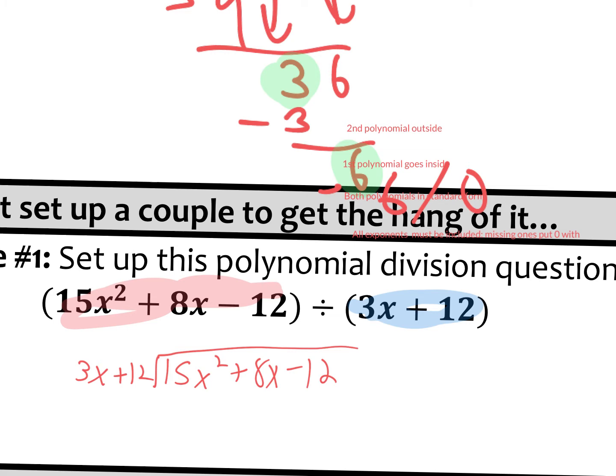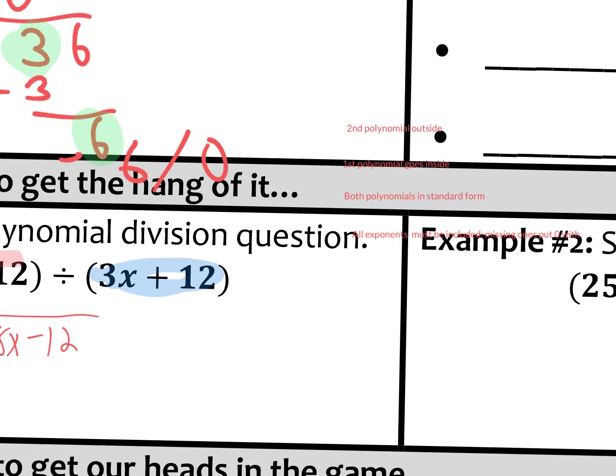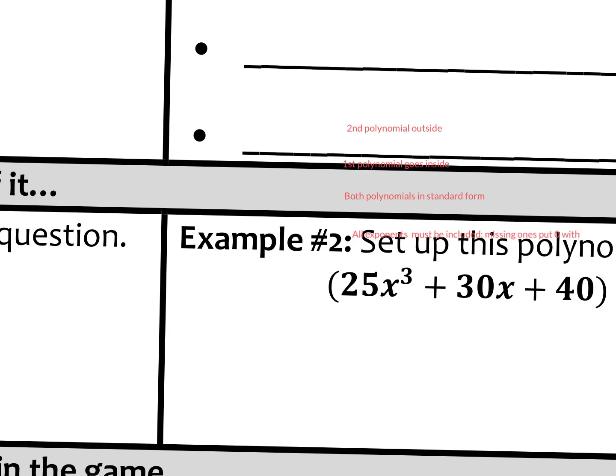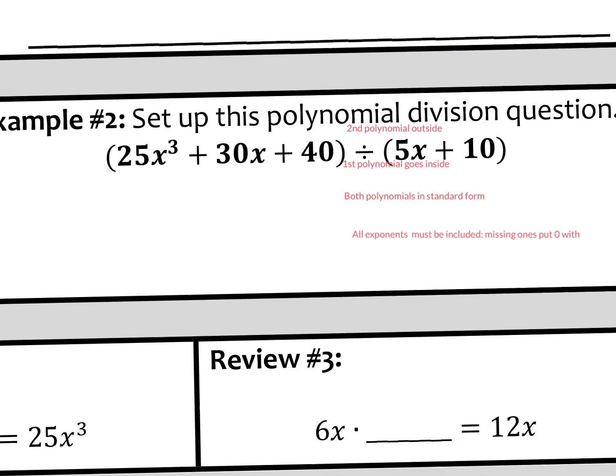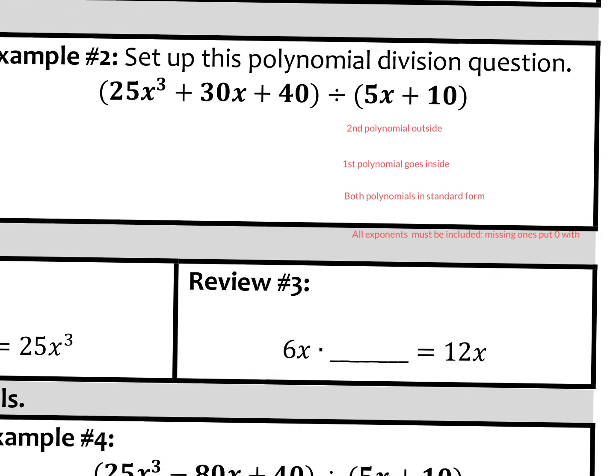Now going on to example 2. I have to put it in standard form, which means the biggest exponent first and working your way down. But again, going through this, the second polynomial goes on the outside, and the first polynomial goes on the inside.